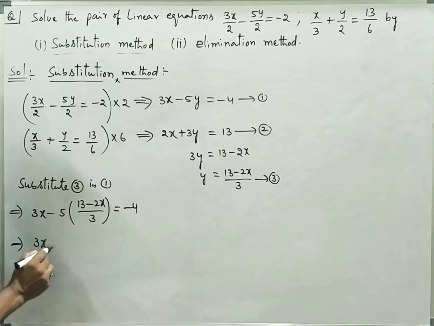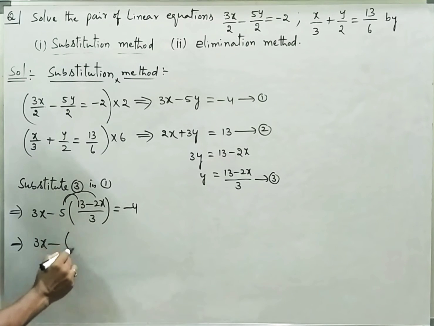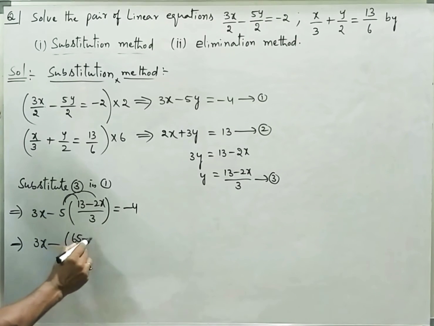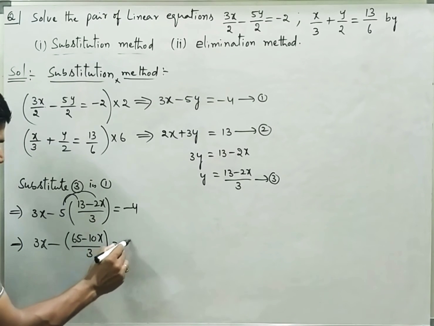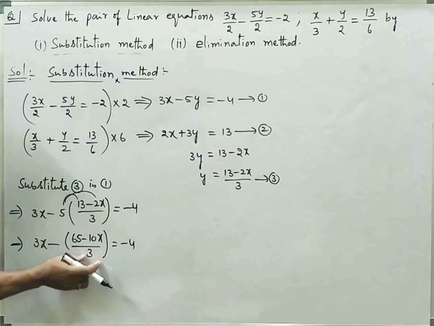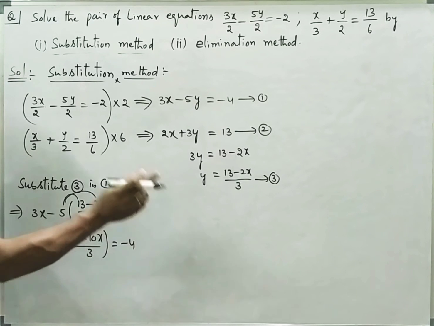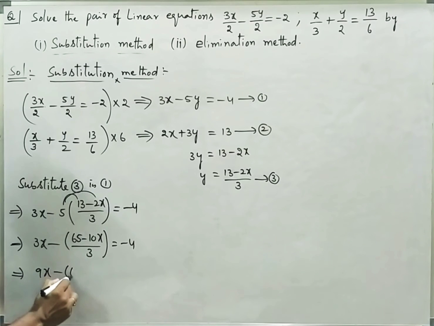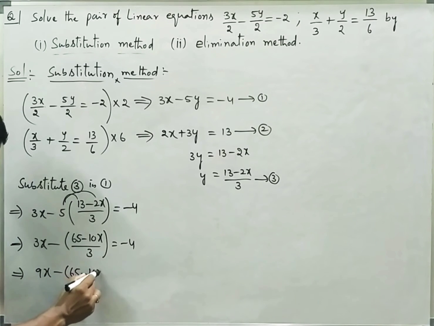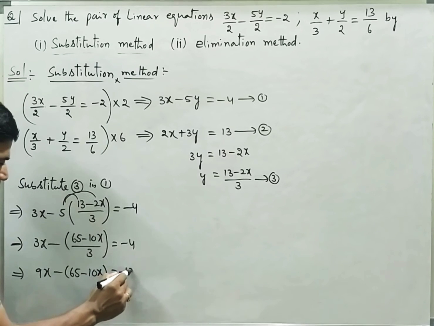Apply distribution: 3x - 65/3 + ... that is, 3x - (65 - 10x)/3 = -4. Again there is a denominator, multiply with 3. Then 3 times 3x is 9x, the 3 gets cancelled, 65 - 10x is equal to 3 times -4, that is -12.